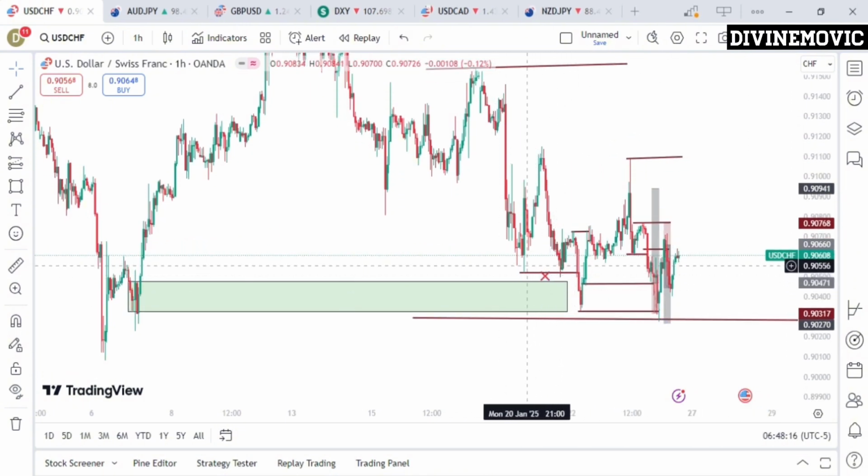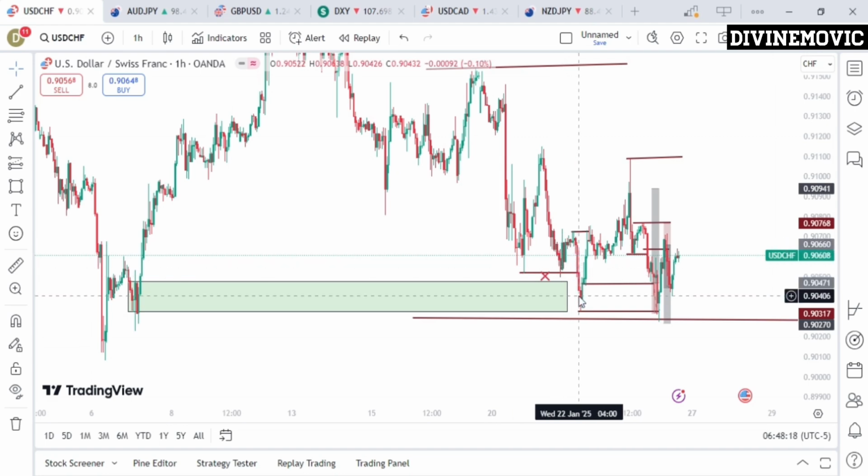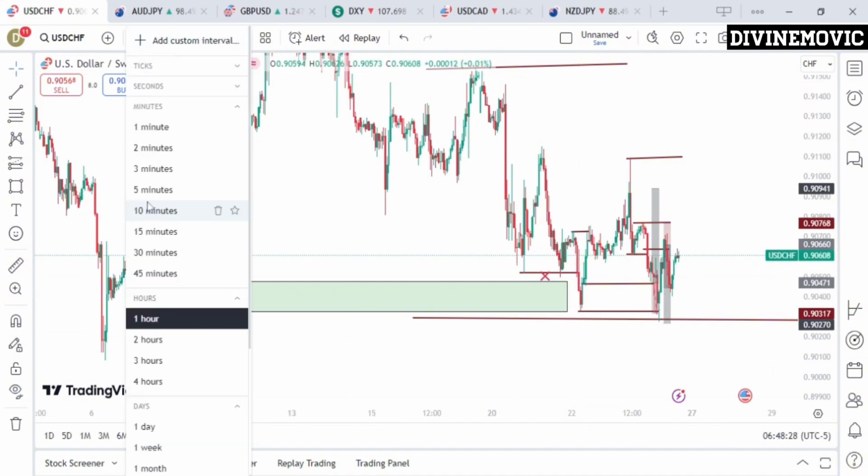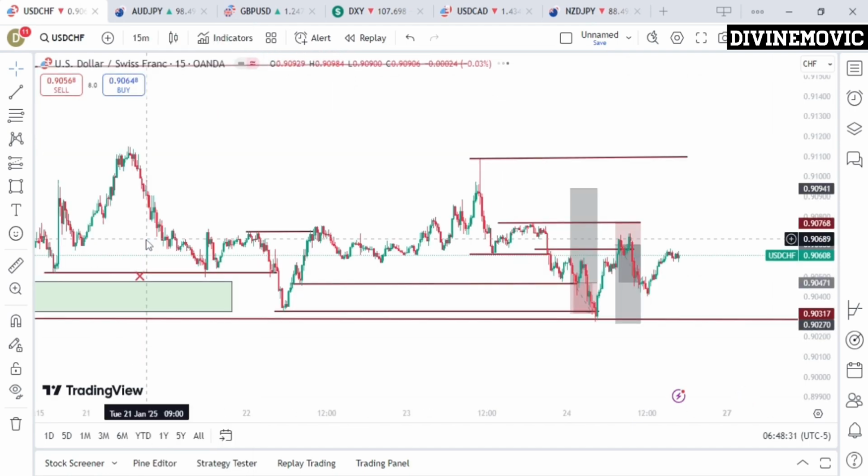And as price looked at liquidity and came into my point of interest, I'll look for a change of character. And that happens on the 15 minutes time frame. Let me show you. Now, on the 15 minutes time frame, price gave me a change of character when price took out this particular high that was here.